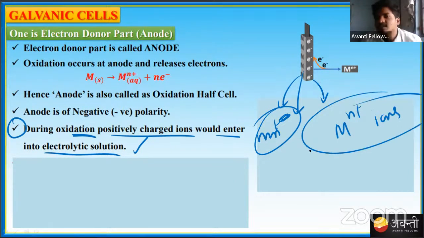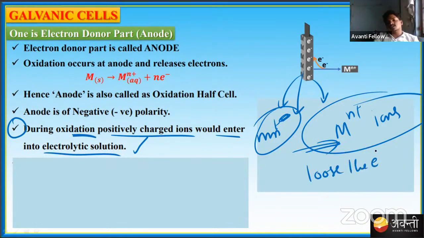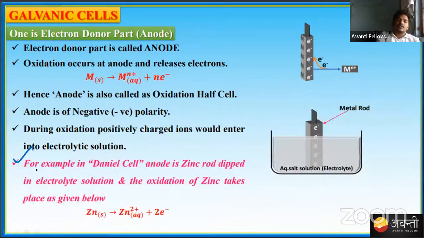What are these Mn+ ions? That is nothing but metallic ions, where they are going to come from the solid state to the ionic state inside the solution. Whenever they produce the ions, they will also lose the electrons. Clear, everybody?